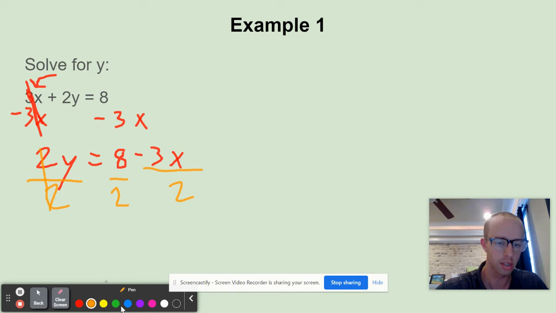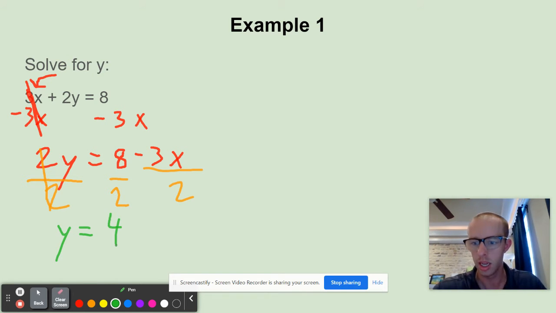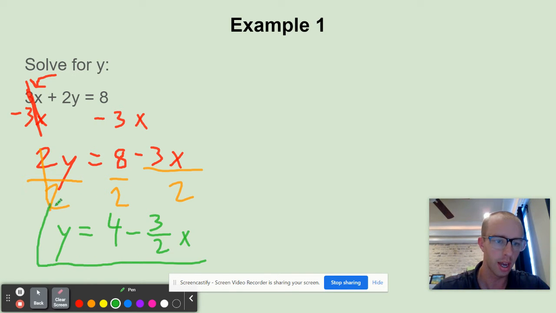So these cancel. On this side, I'm just left with y. 8 divided by 2 is 4, and negative 3 over 2 x. 2 doesn't go evenly into 3, so I can leave that as a fraction. It's negative 3 over 2 x. And so now I have y by itself, and I have solved for y.